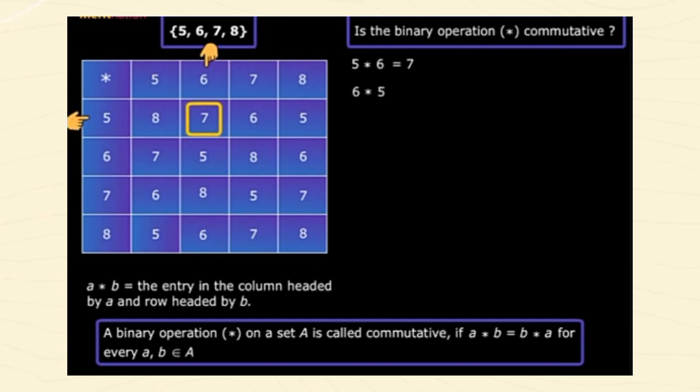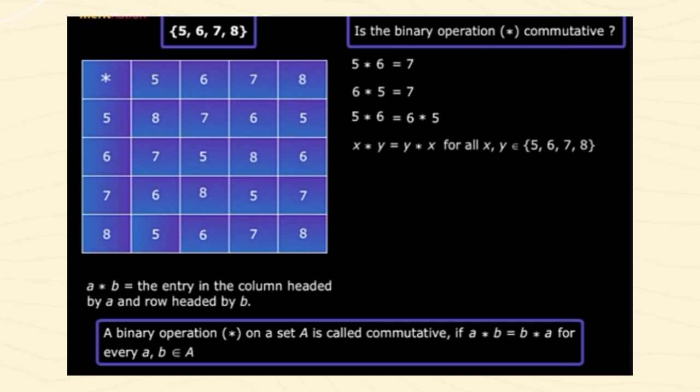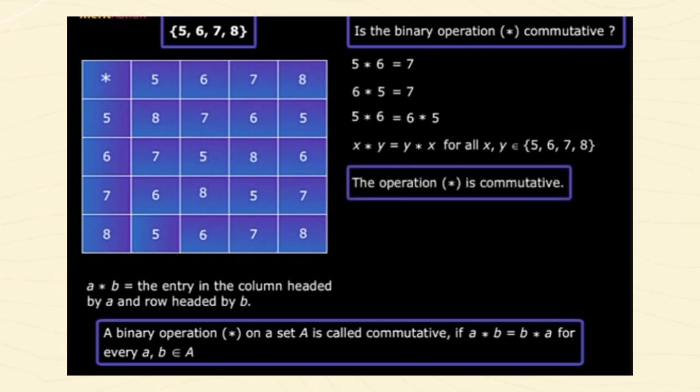So 5 star 6 equals 7. And what about 6 star 5? Look at the table, 6 here, 5 here, this element, so we see that 6 star 5 is also 7. And this tells us that 5 star 6 equals 6 star 5.